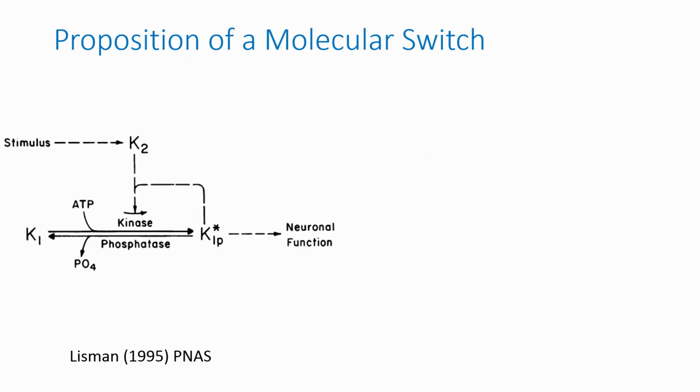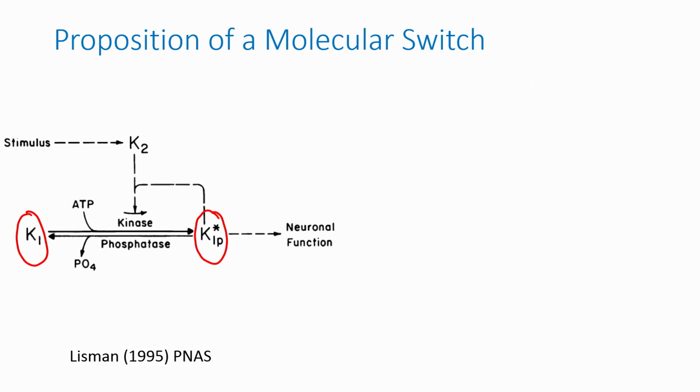Okay. Now, let us look at this proposition here, where he says you have a molecule K1 and the molecule K1 gets phosphorylated to become active molecule K star.